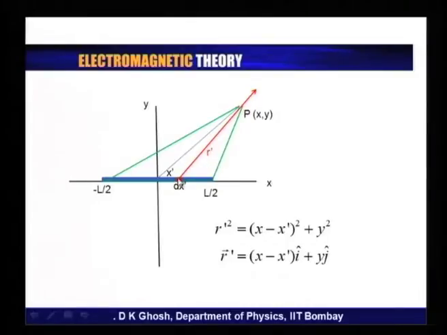And the vector r prime is given by x minus x prime i plus y j.